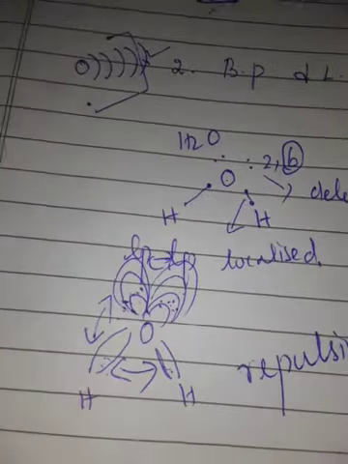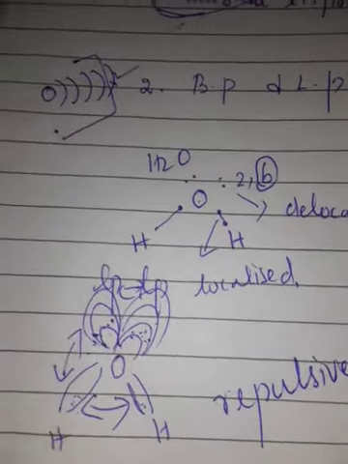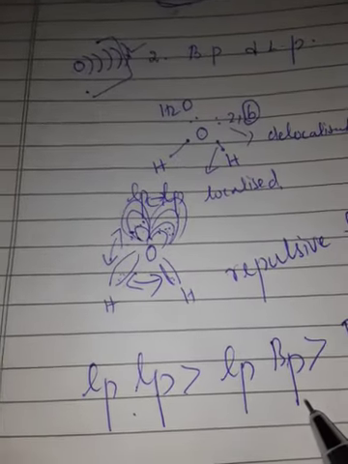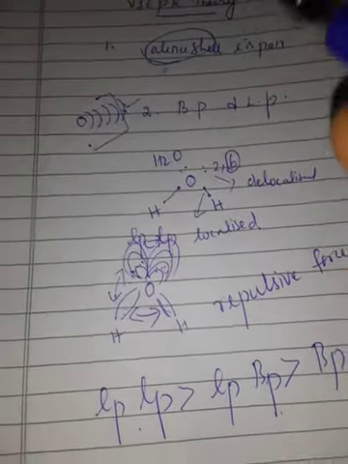Then the fourth one, the repulsive interaction between different types of electron pairs, that is lone pair and bond pair. So there are four principles. The four principles are given clearly in the book, page number 81.